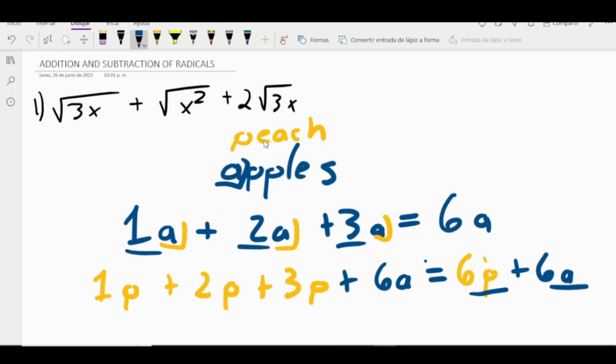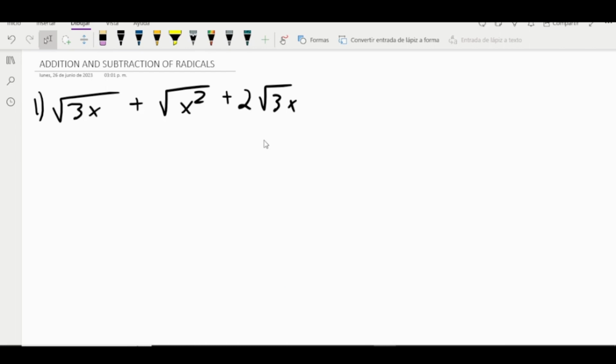It's going to be similar when we talk about algebra, when we talk about radicals. We need to have the same expression. Let's solve the first exercise. First, let's check that we have the same expression.